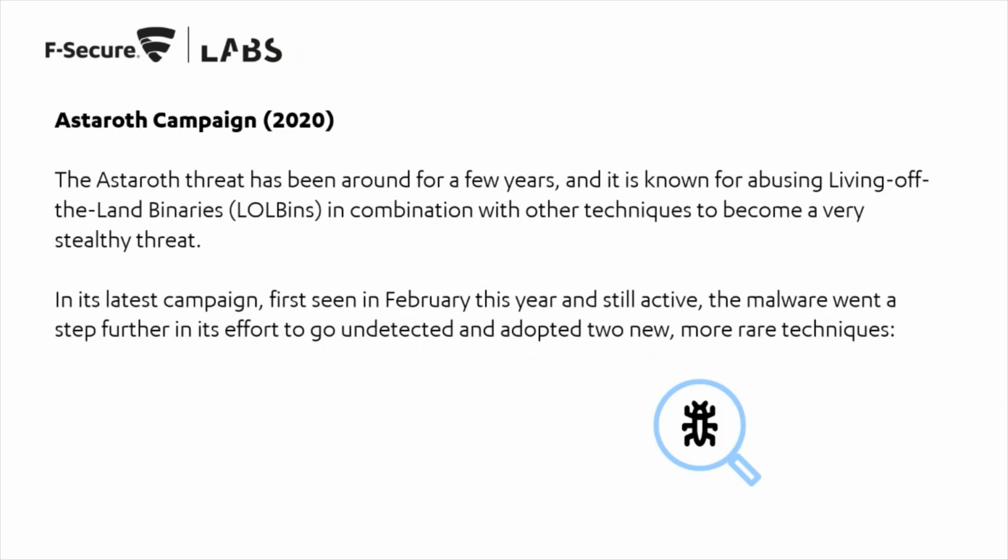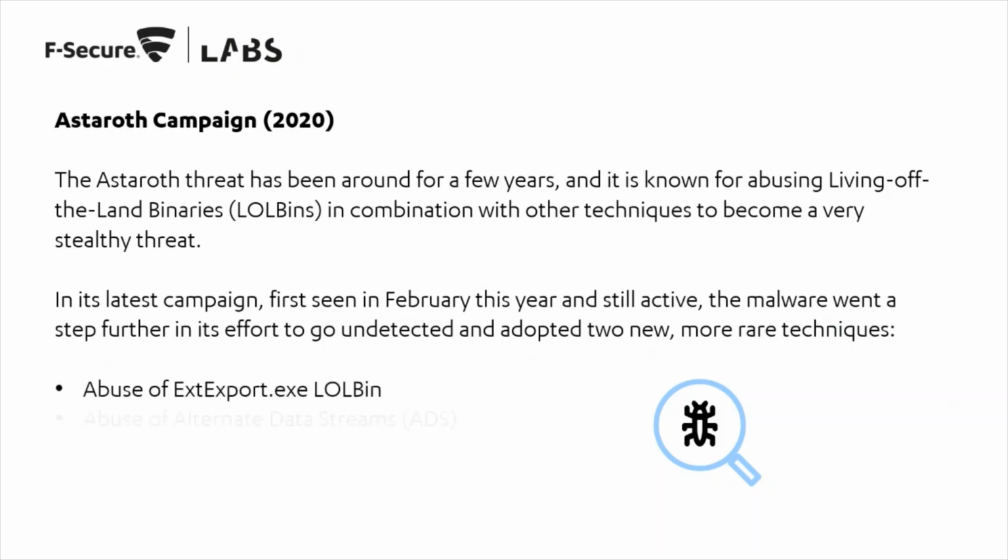And what is special about it? It's known mostly because of a couple of characteristics we're going to go over now, but mostly because it makes heavy use of living off the land binaries, which is a concept that we're going to define and analyze in a bit, in combination with other techniques like fileless techniques and heavy obfuscation, and also other interesting ways of hiding payloads, like using alternate data streams, which is also something that we're going to look into today.